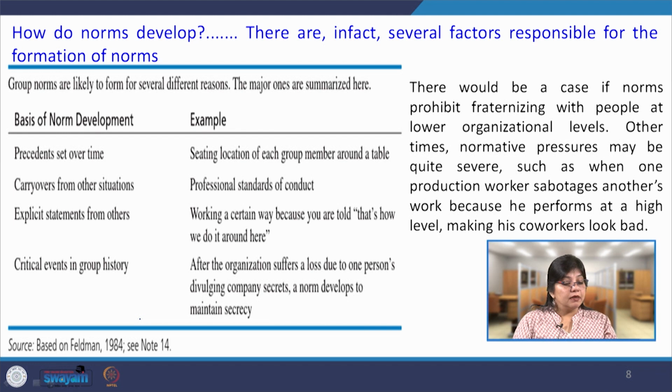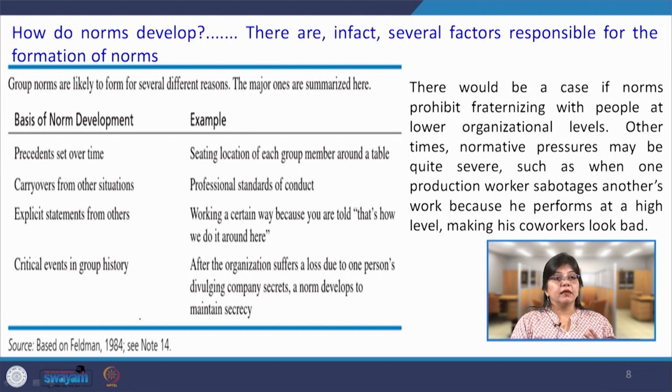And the last is critical events in group history. After the organization suffers a loss due to a person divulging company secrets, a norm develops to maintain secrecy. There has to be some source for why this norm was established, although it is unwritten and does not exist in the rule book.